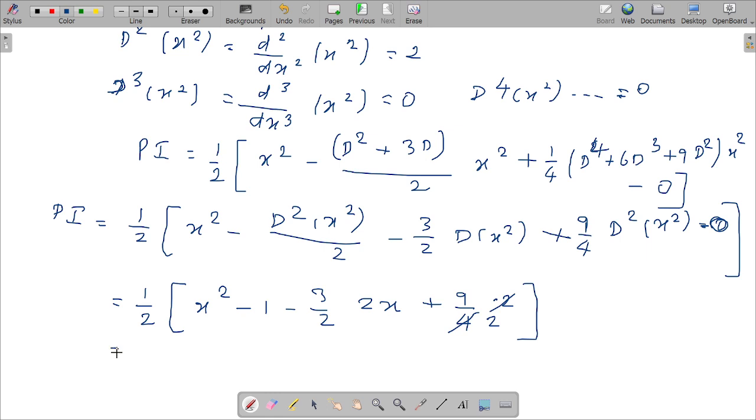So how can we simplify this? 1 by 2 x square, minus 2 to get cancelled, minus 3x, then minus 2 plus 9, plus 7 by 2. Is it not? Is it correct?